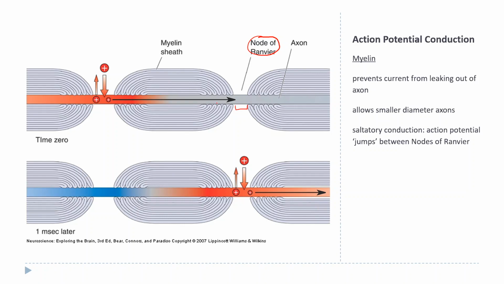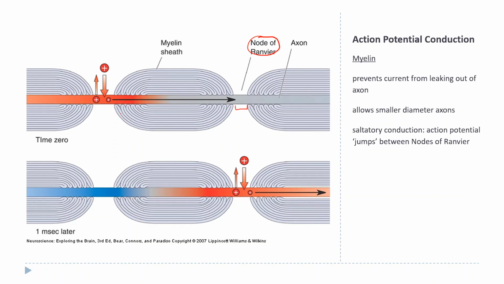There are no sodium channels underneath the myelin. And of course, there would be no use for sodium channels underneath the myelin because there's very little cytoplasm or extracellular fluid around the axon for the sodium to come in from. So there is no action potential under the myelin.